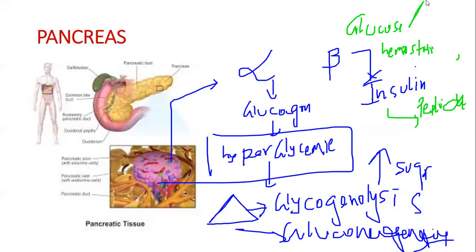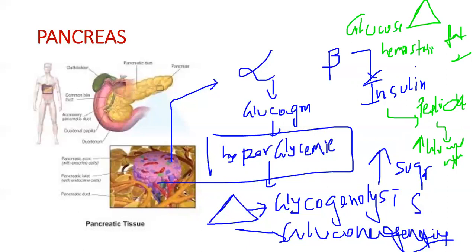So this basically acts on the hepatic cells, hepatocytes, as well as on the fat cells, that is adipocytes. And then what it does, it enhances the cellular glucose uptake. So once the glucose is used, there is no more much of glucose, right?